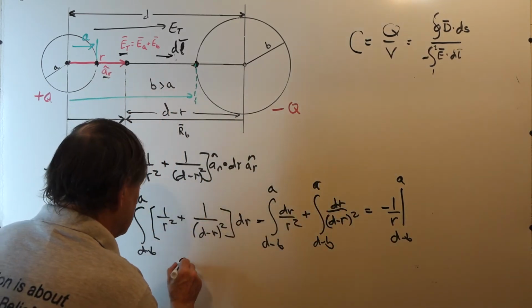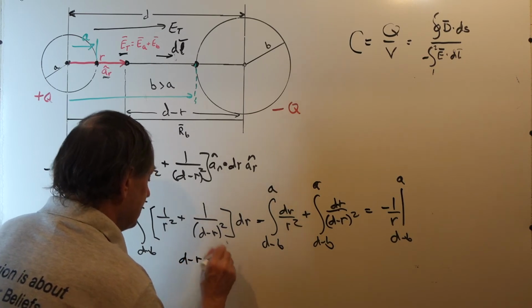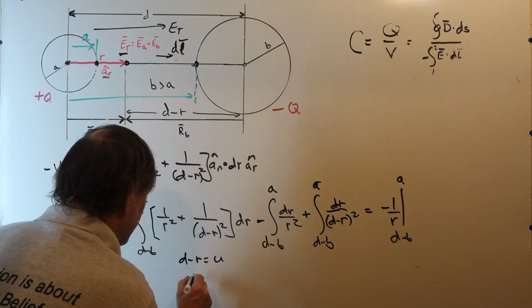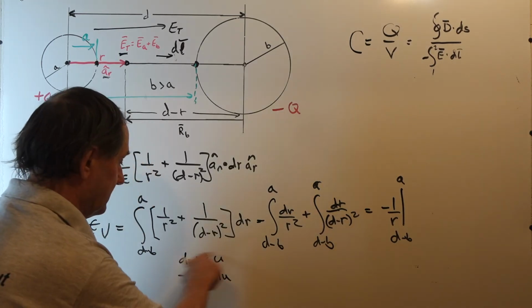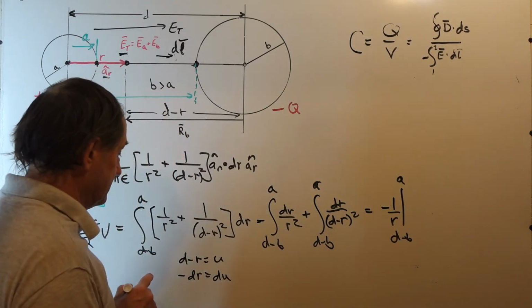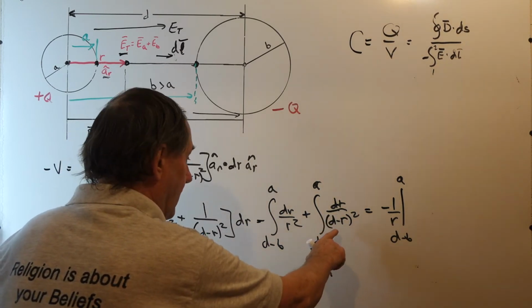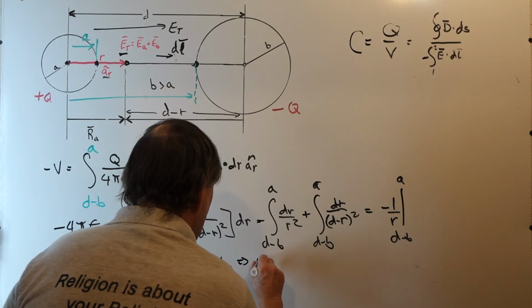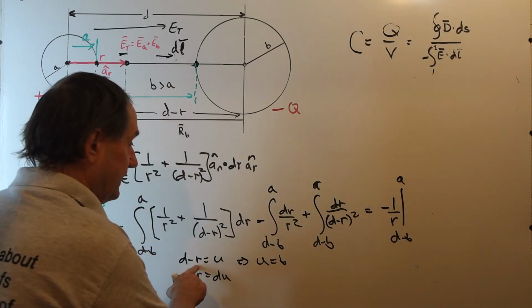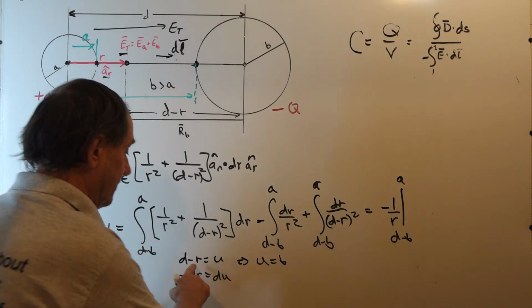We'll make d minus r equal to u. So then minus dr is equal to du, taking a differential of both sides. And then when r is d minus b, u is equal to b, putting in d minus b for r here.